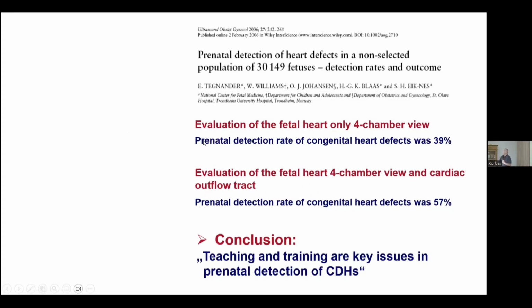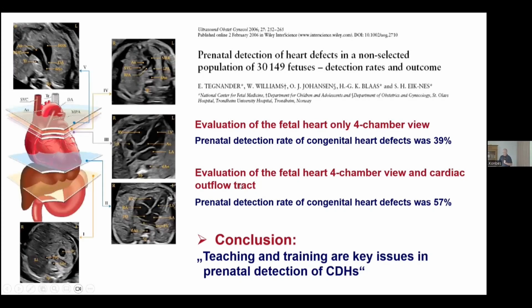They made a study and showed that by evaluation of the 4-chamber view, we have a detection rate of around 40%. Then they made a further study that included the 4-chamber view with the cardiac outflow tracts, and then the detection increased to 60%. So they concluded that teaching and training is a key issue for better prenatal detection of heart defects.